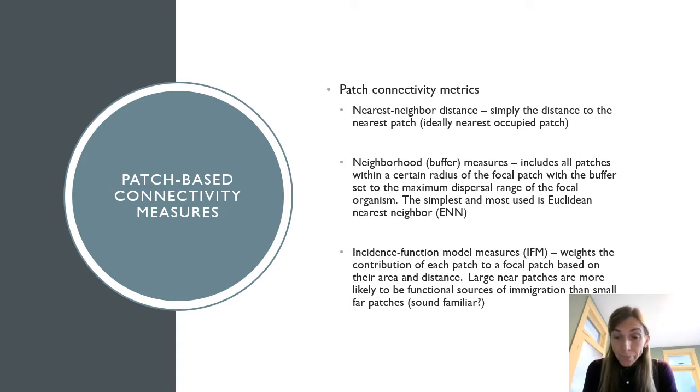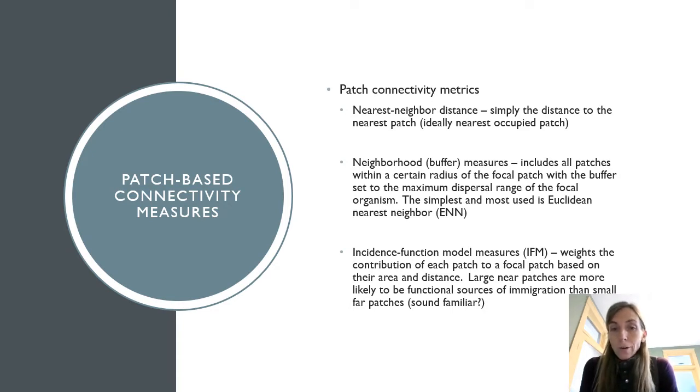So patch connectivity metrics, so just our most simple understanding of connections between habitat patches in a landscape. We can look at very simple metrics of nearest neighbor distance. That's just the simple straight line distance between two patches. We also look at neighborhood measures or buffer measures.